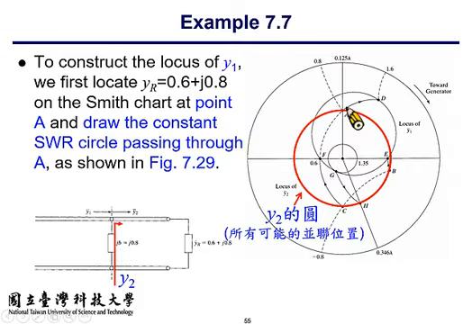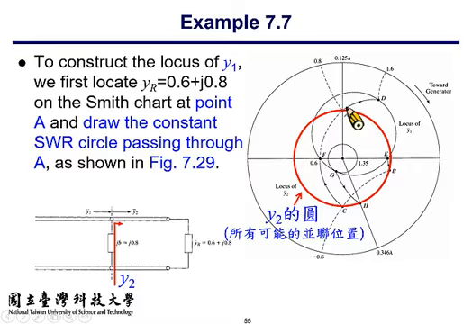So Y_D equals 0.6 plus j0.8 plus j0.8, and you end up with 0.6 plus j1.6. 对，D 在这里。Okay, so we have already drawn 2 points, and the principle of drawing a circle is you need to have 3 points.